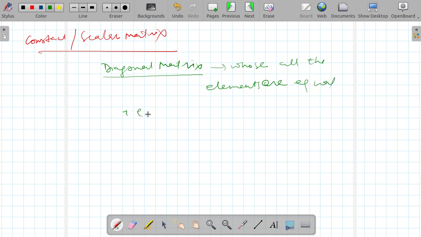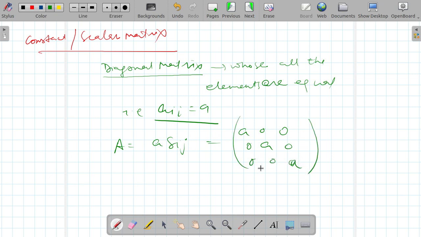That means A_ii is equal to A, or we can say that the matrix is A delta_ij, then I can say that this is a scalar or constant matrix. So it's a special case of the diagonal matrix.